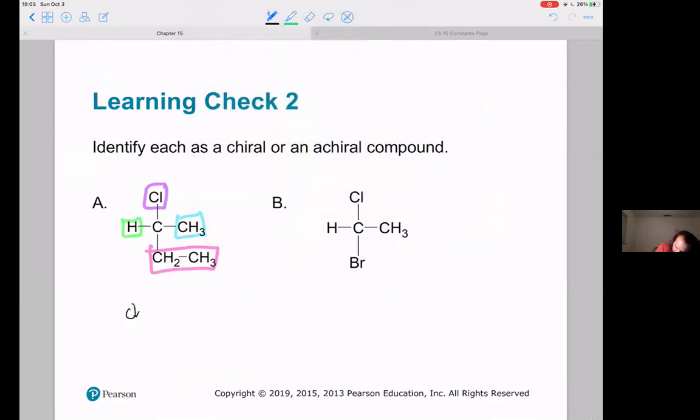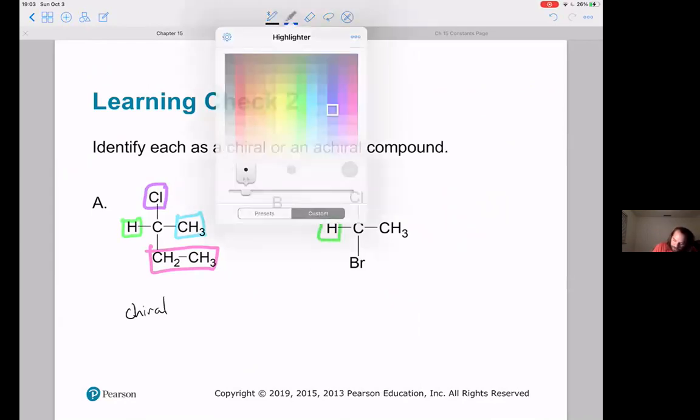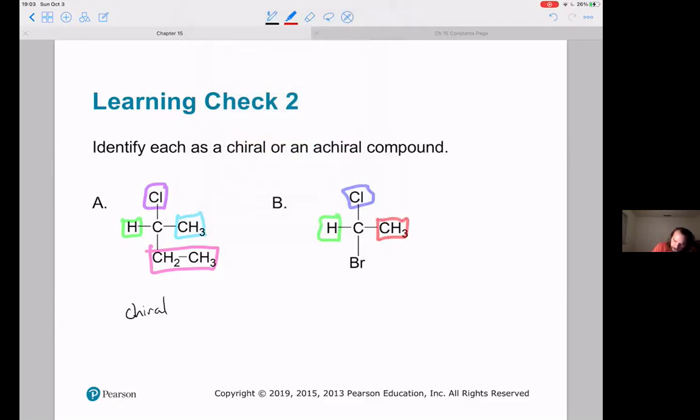So this is indeed a chiral molecule. Likewise, this is different, this is different, this one's different, and then this one's different. So this is also a chiral molecule.